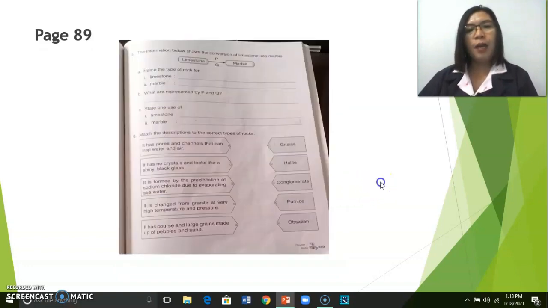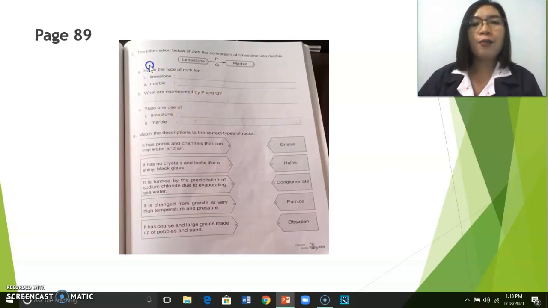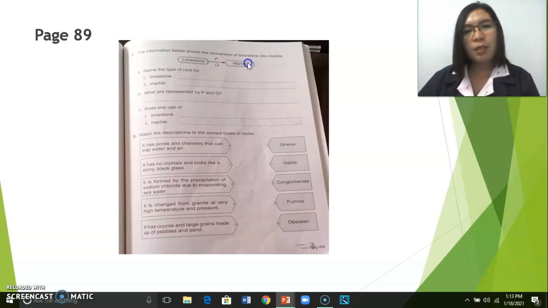Then we have the information below that shows the conversion of limestone into marble. In the example I made for you, I have in the video a limestone, which is a sedimentary rock, and a marble, which is a metamorphic rock.